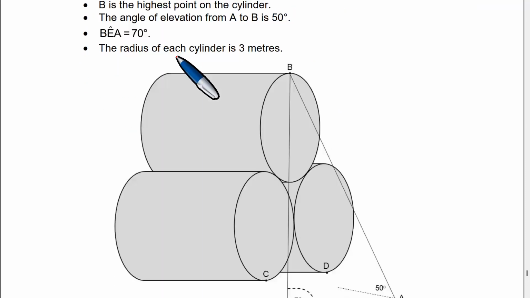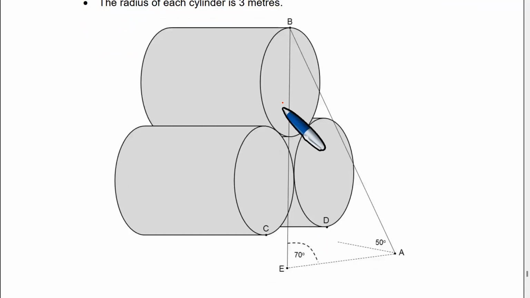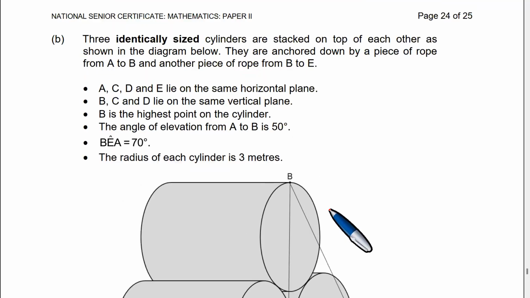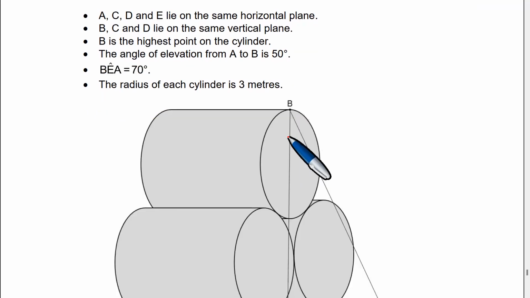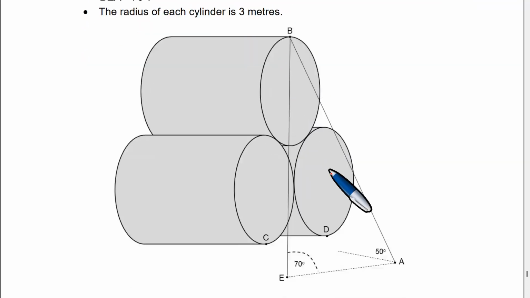So B is the highest point on the cylinder. Here B is the highest point. You can see B is the highest point.